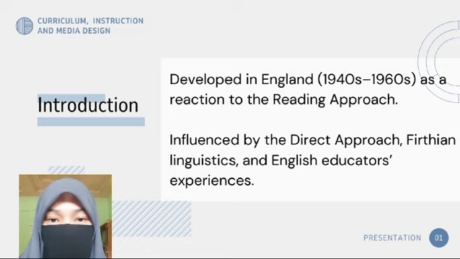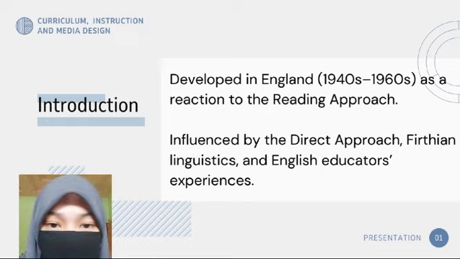It was influenced by the direct approach, which emphasized natural communication, Firthian linguistics, which highlighted the importance of context in understanding meaning, and the experiences of British educators who had been working with oral language teaching for years. This method became the dominant language teaching approach in Britain before it was later replaced by communicative language teaching.